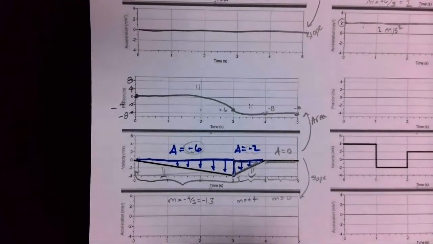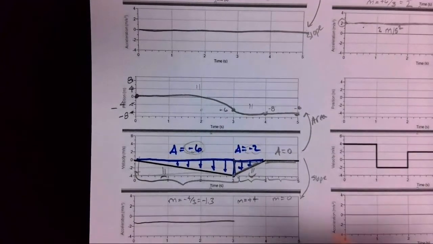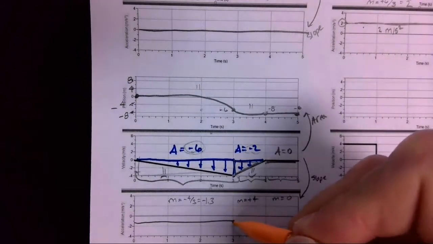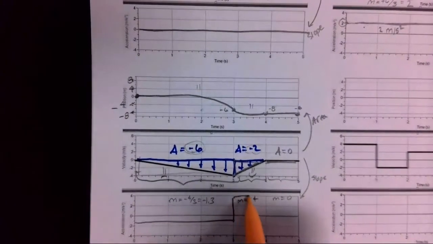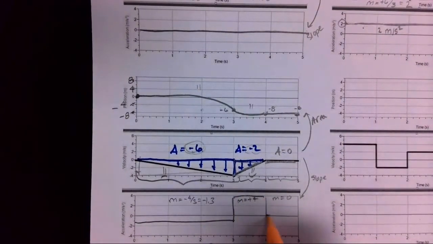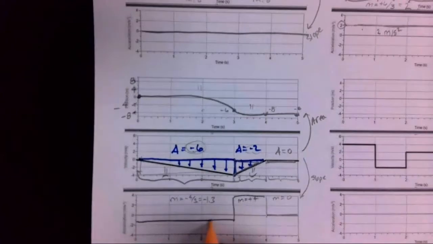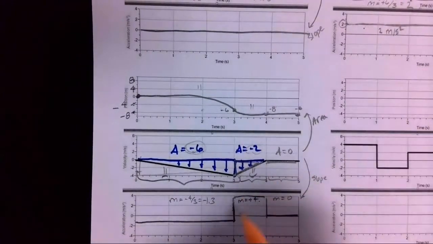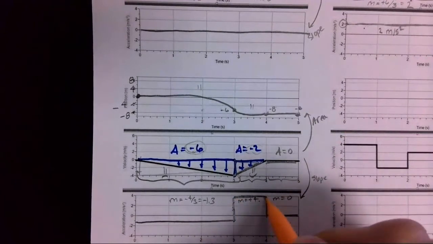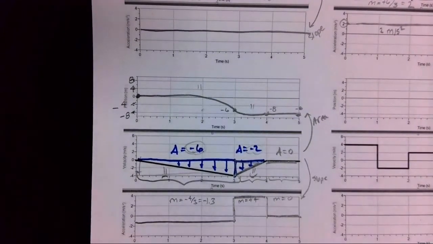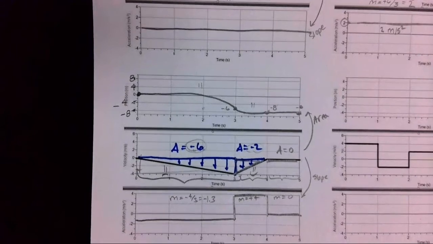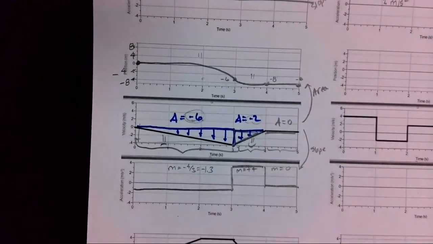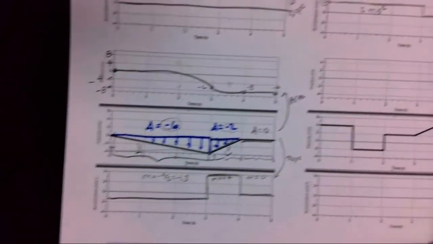So, let's see, I have a -1 1/3. Then I go up to a slope of +4, and then I go to 0. So here is my graph. Remember that the slope is what the acceleration is. The area represents how much it changes. So there's number 3. Let's go to number 4.